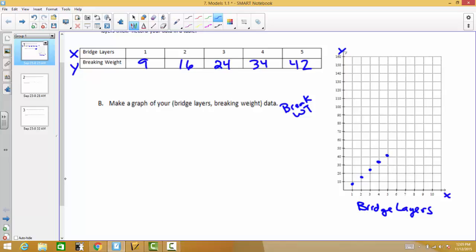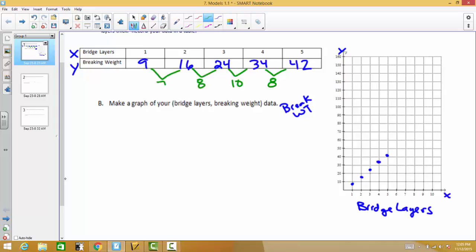Now, we're not going to connect the dots. What you can do is you can draw a best fit line. But first, let's analyze the difference between each of them. So if you do 42 minus 34, you get 8. 34 minus 24 is 10. 24 minus 16 is 8.